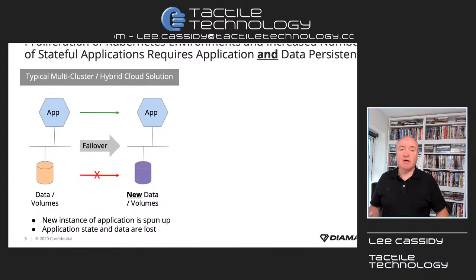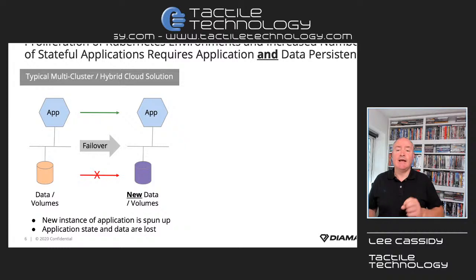The biggest issue, though, was how do you actually manage those data volumes, the data that the applications are consuming or creating? How do we give it access to those and keep it persistent, but also when we move from a failed environment to the disaster recovery environment, how do we ensure that data is in line and also in sync with the application, which is a bit of a challenge.